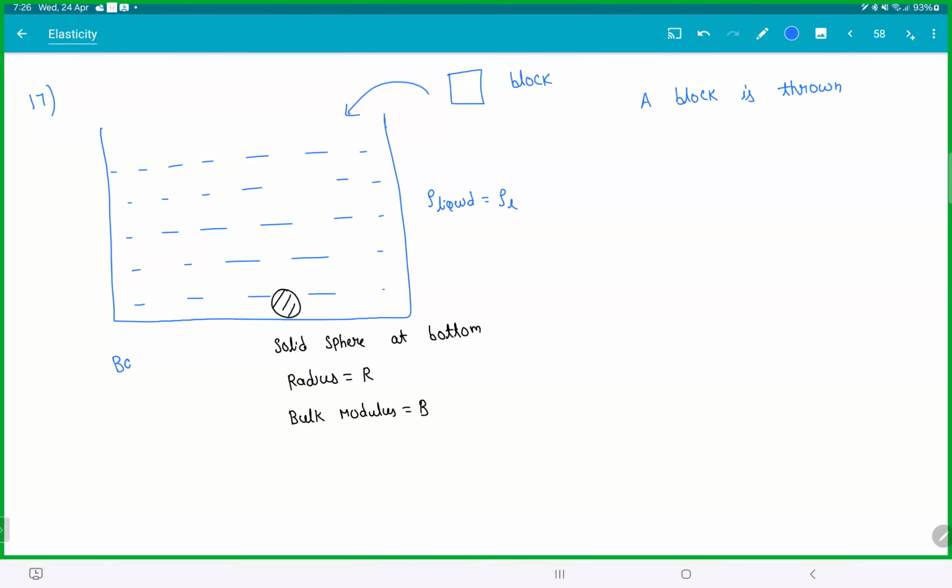And the base area of the container is A. A block is thrown into the liquid.